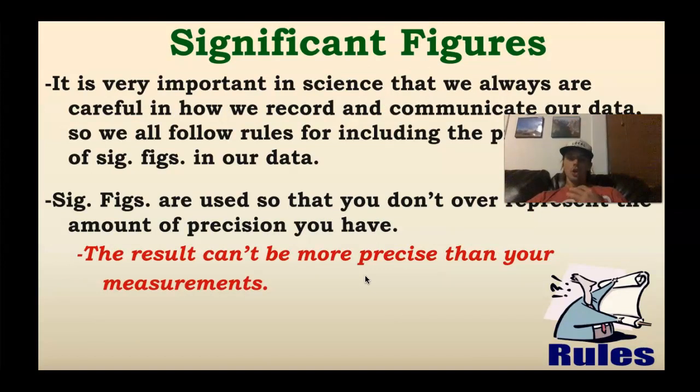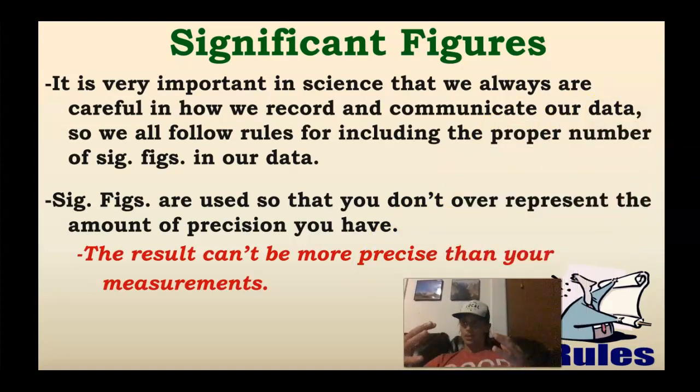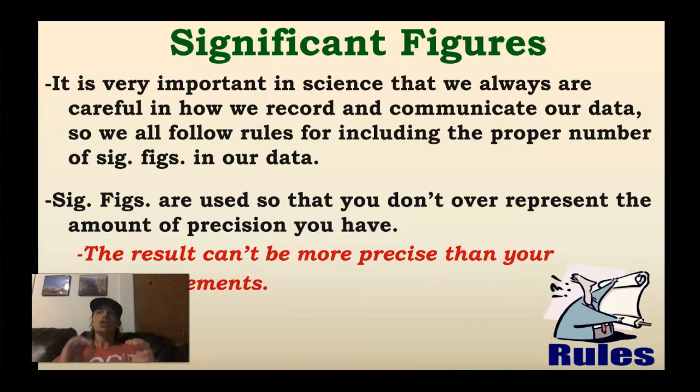Okay? So sig figs, or rules of sig figs, allow everyone that's using their measurements to follow the same rules, and it allows everyone to be on the same page when it comes to how to communicate answers that involve measurements, because our results can never be more precise than our original measurements when we are doing calculations.